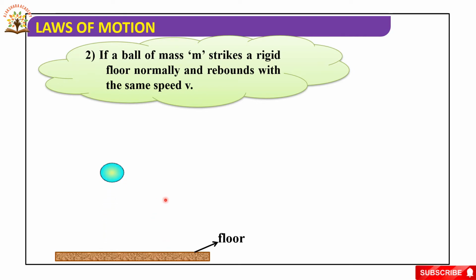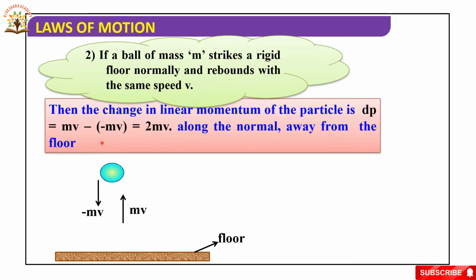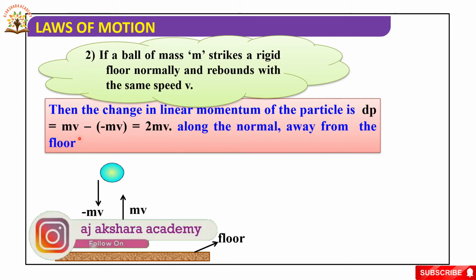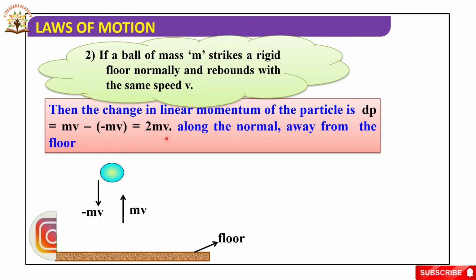The ball is striking the rigid floor and rebounding with the same velocity, that is the same speed. So the change in linear momentum of the particle is dp equals mv minus of minus mv, that is plus 2mv along the normal away from the floor. It is one direction and it is the opposite direction. It rebounds with the same speed.